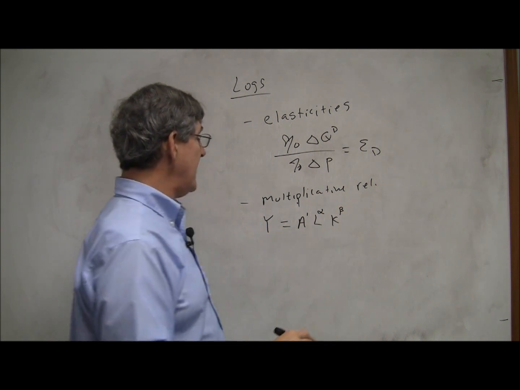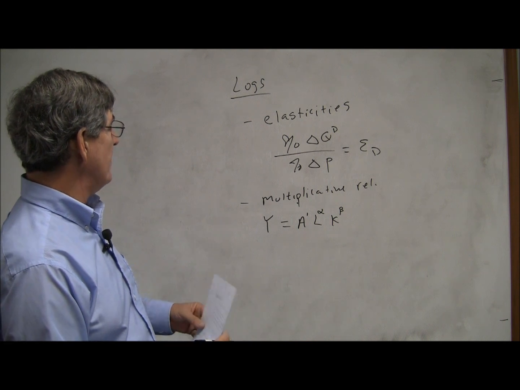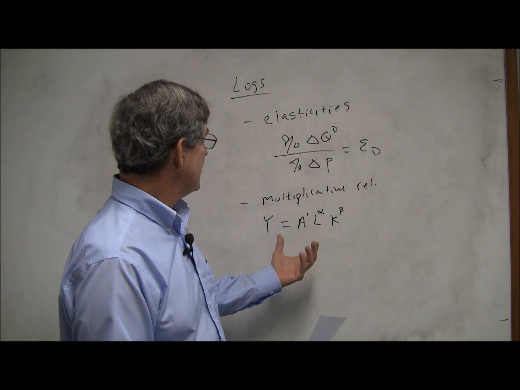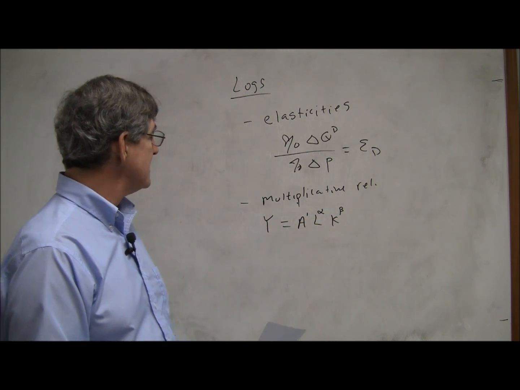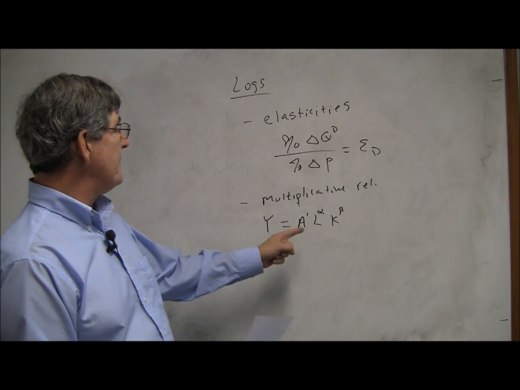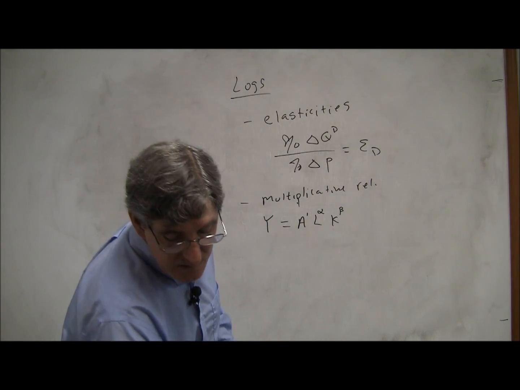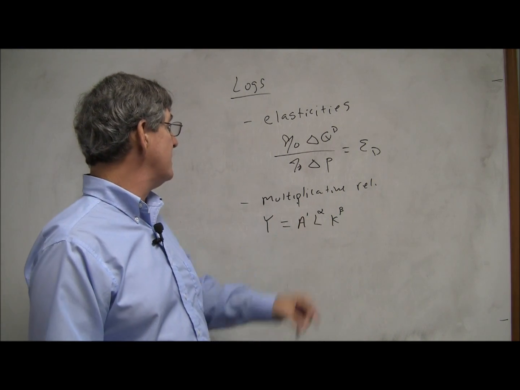Often alpha plus beta tells you whether you have increasing or decreasing returns to scale. If alpha plus beta equals 1, you have constant returns. And so you might be interested in testing whether there's constant returns to scale, whether alpha plus beta is 1.